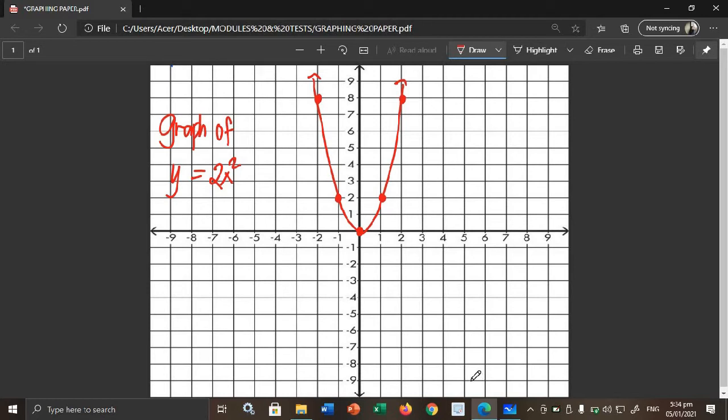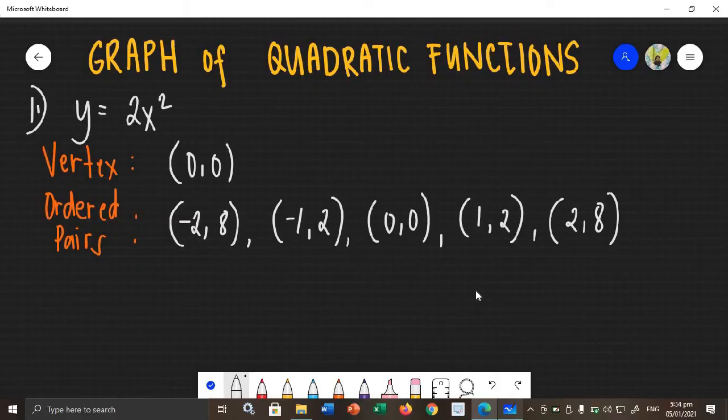In this given, wala tayong x and y intercepts, no? X-intercepts, these are the ordered pairs that cross the x-axis. Sila yung mga ordered pair na nagko-cross sa x-axis.